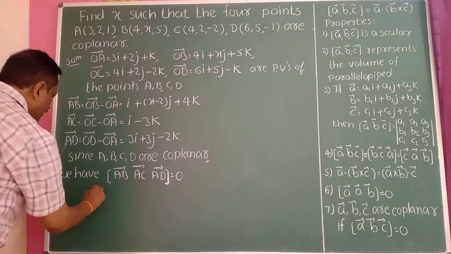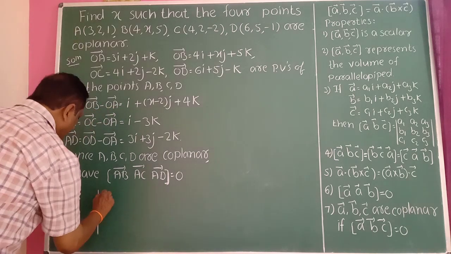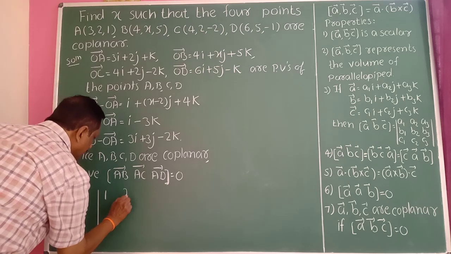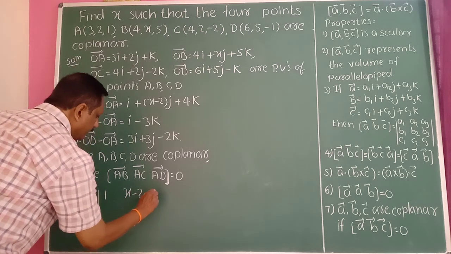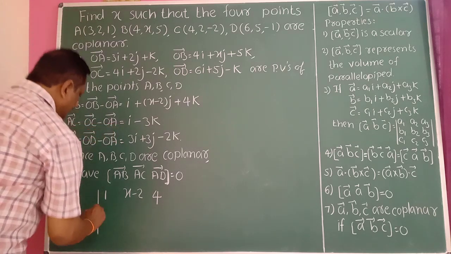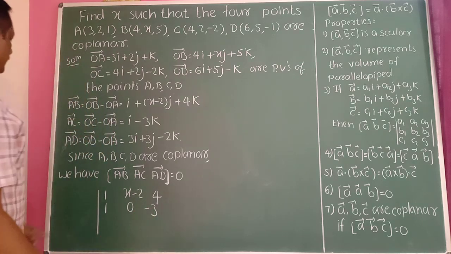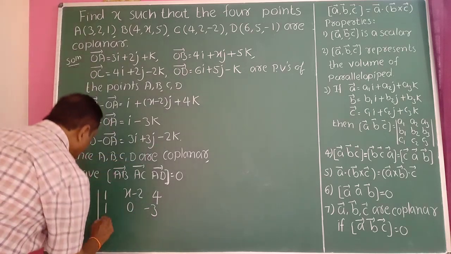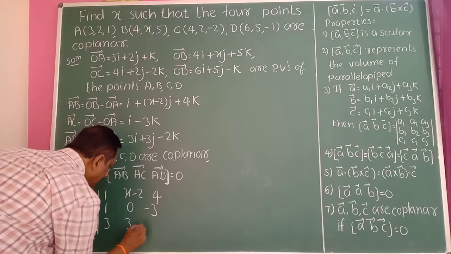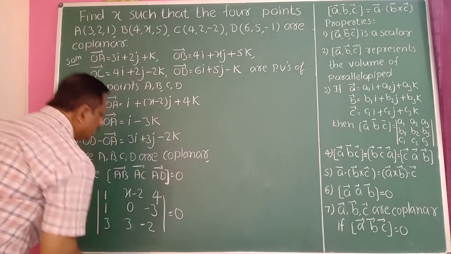Therefore, the determinant: AB is this vector here, so write 1, x minus 2, 4. Then AC: 1, 0, minus 3. AD: 3, 3, minus 2. That is equal to 0.